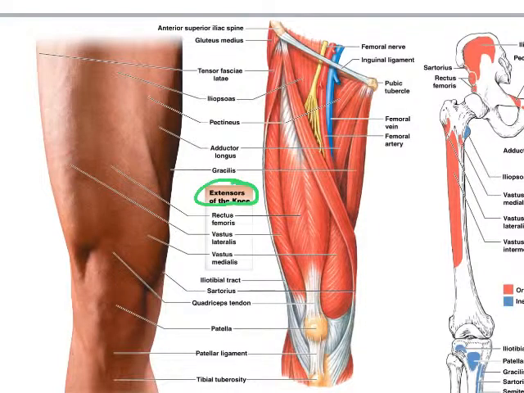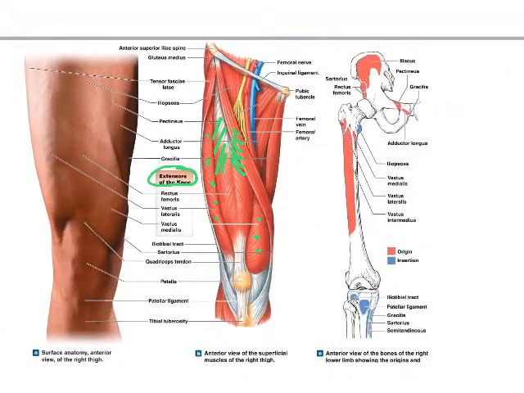The muscle itself runs up and down, which would be rectus, although the fibers are kind of at an angle. Then you have two vastus muscles. You have a vastus lateralis, so that's going to be on the outside of the leg, and you have a vastus medialis, which is going to be on the inside of the leg. So those are the three that you can kind of see in the superficial view on the anterior leg.